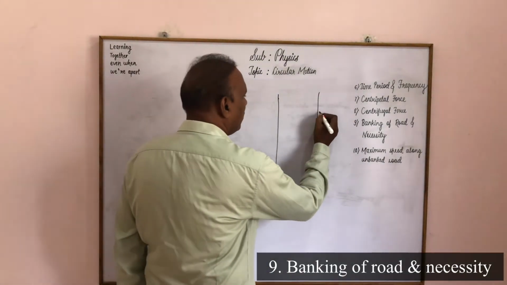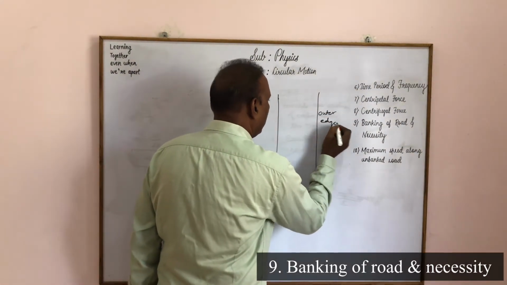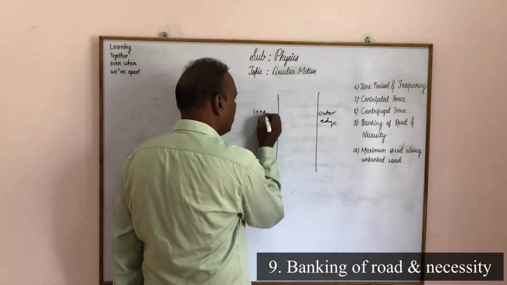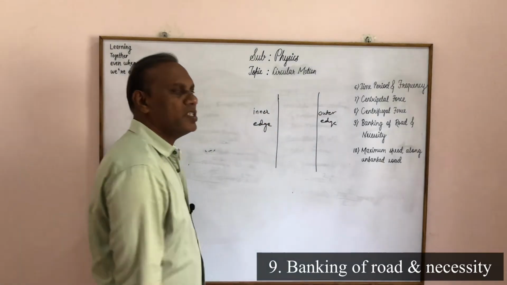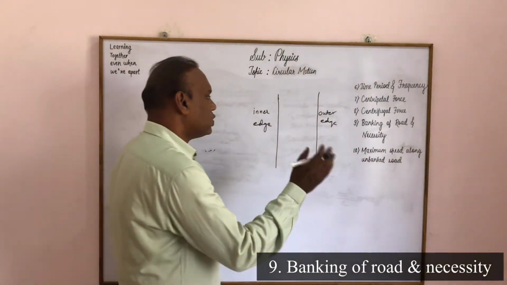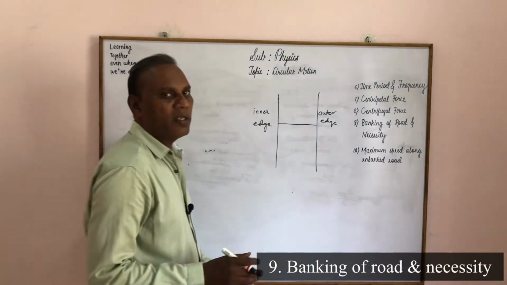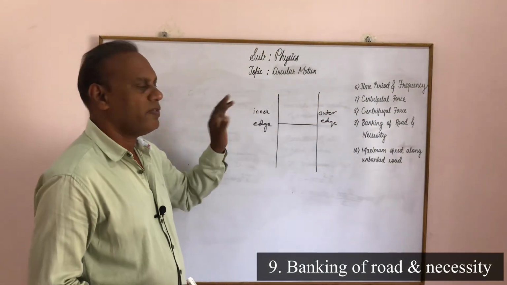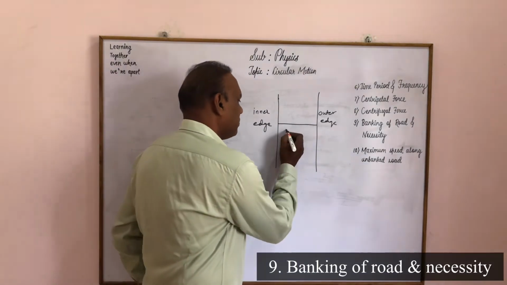Here is the outer edge and this is the inner edge. These are the two edges of a road, and if they are kept at the same level, the level of the outer edge as well as the inner edge is the same, then this is called a plane surface of a road.